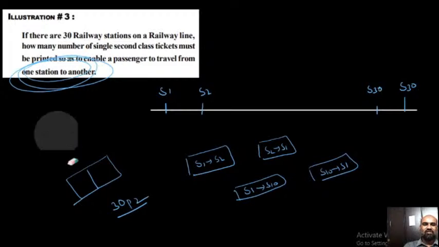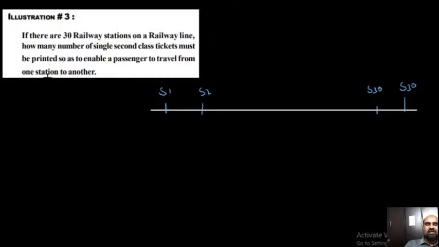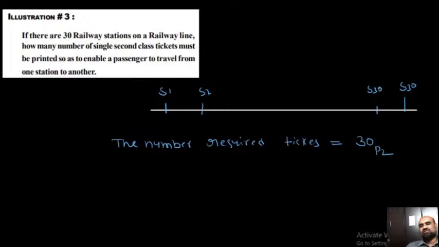Okay, that I will write. The number of required tickets equals, directly I will write 30P2, don't confuse. Just S1, S2, S3 up to S30 should be filled into two blanks.